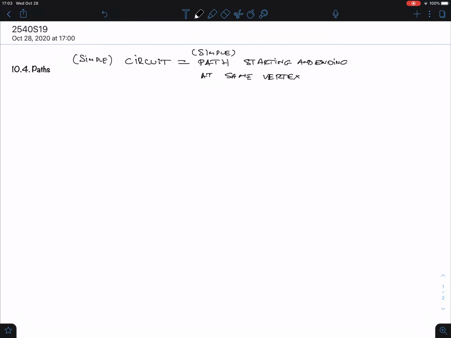Secondly, a simple path means that the path doesn't use the same edge twice. This doubling up is not allowed. Edges, not vertices. You can go to the same vertices, that's not considered an obstruction, but you don't use the same edge twice. That's a simple path, and a simple circuit is then a path that is simple and closed. Sometimes one says closed path instead of circuit.